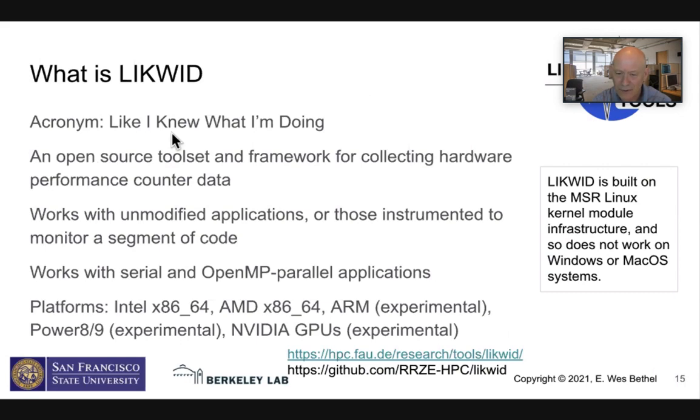It says ARM platform is experimental, as are the Power 8 and 9 and NVIDIA GPUs. But in the documentation, it says something different. It doesn't say those are experimental. And the last time I tried to use it on GPUs, I don't know, 6 or 8 months ago it broke, and so a couple of new versions have come out since then. So I need to try it again and see if it's actually working.